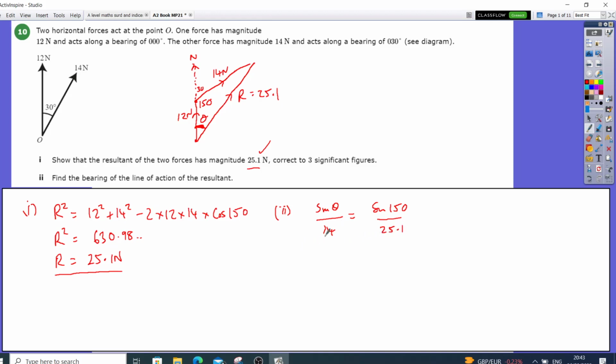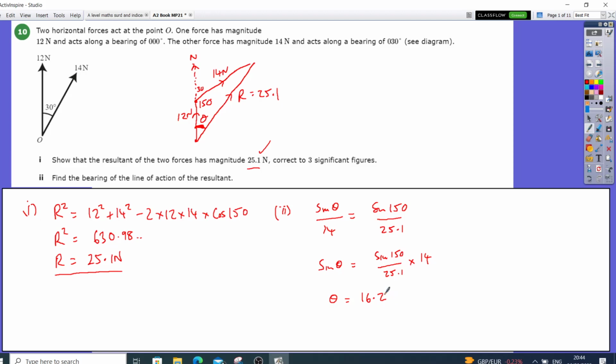If I bring the 14 to the other side by multiplying it, sine theta will equal sine 150 over 25.1 multiplied by 14. Now if I do that through the calculator and then inverse sine, I'll get theta equal to 16.2 degrees.